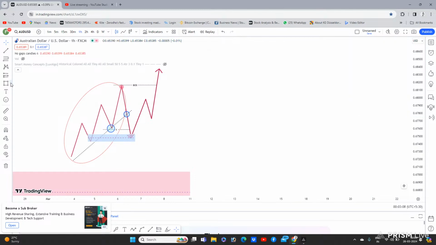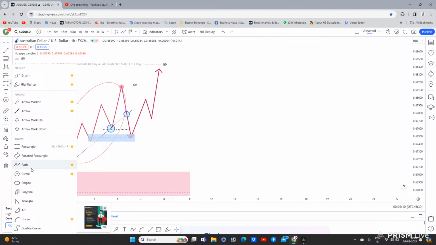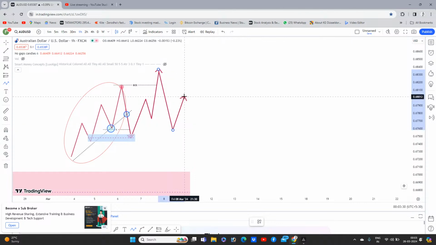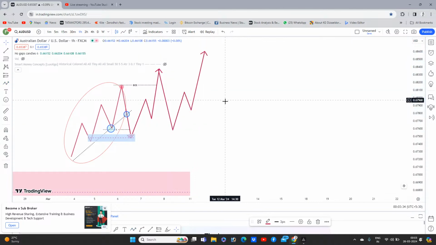Now, what happens next is the market again makes a pullback. The market can make a pullback and go in the opposite direction, or it can take this pullback here and go in our direction again, right?